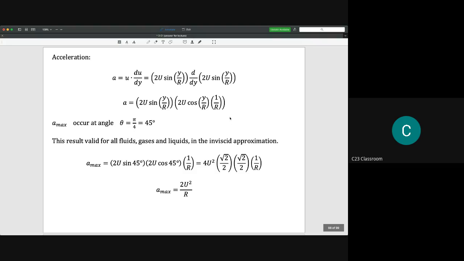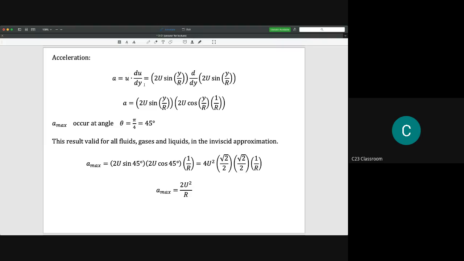And then this is the idea of acceleration. A is actually U times dU over dy. This is the common acceleration function for ideal flow.